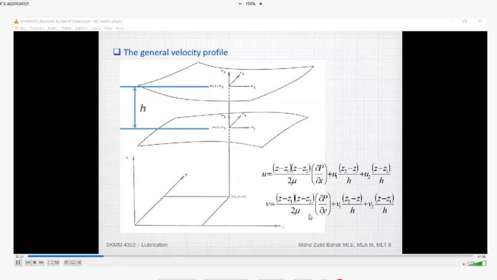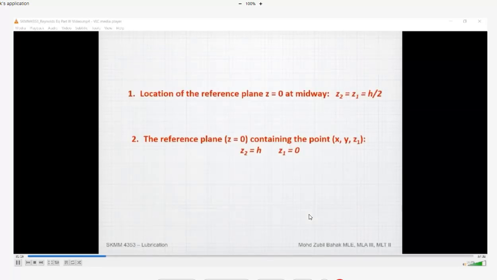So what we need to do in this video is to pinpoint exactly where z is. What happens if we move the z axis to midway between the bottom surface and the top surface, and then we will move the z axis to start at the bottom surface. Those are the two cases we will look at in this video.